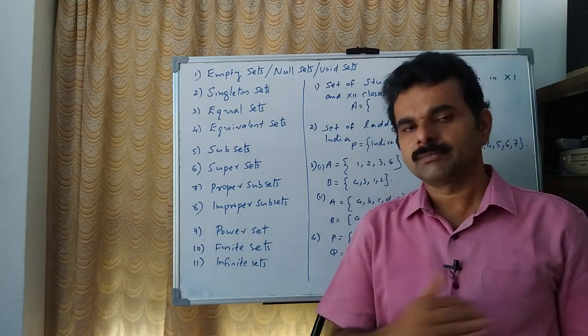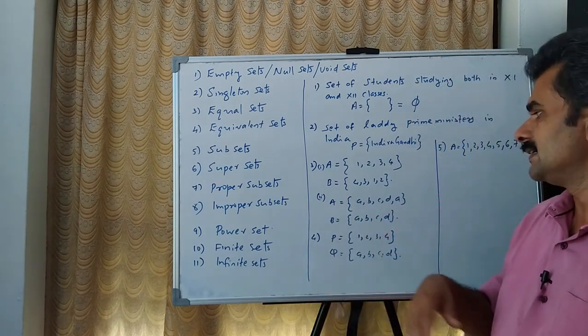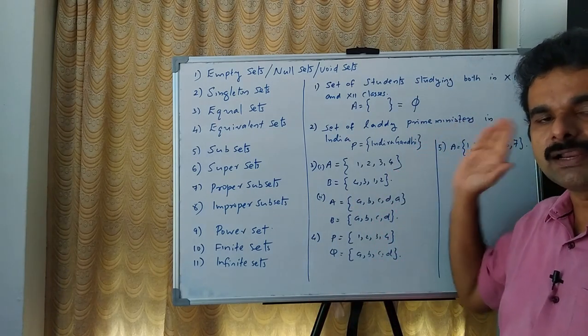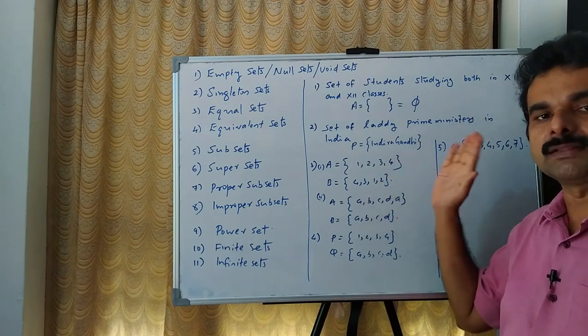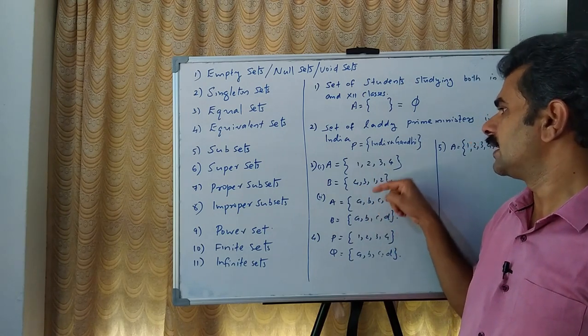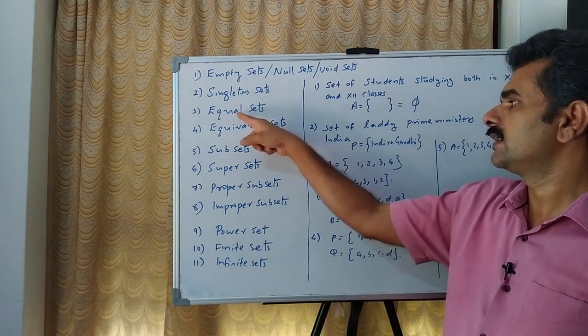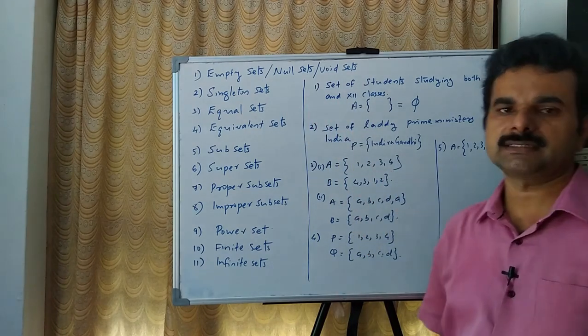Arrangement is not a problem. You can arrange a set in any form, but the only condition is that each element should be separated by a comma. That is mandatory. So these two sets are the same, and therefore A and B are equal sets.